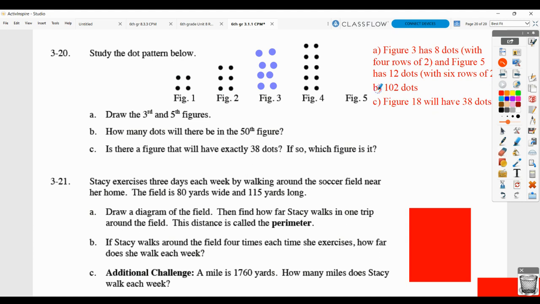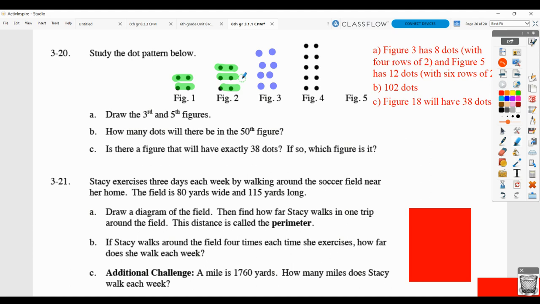So when you are looking for the pattern, what you see is that the 50th figure would have 51 rows of 2, because figure 1 has 2 rows of 2, figure 2 has 3 rows of 2. In other words, add 1 to the figure, and that's how many rows of 2 you should have.